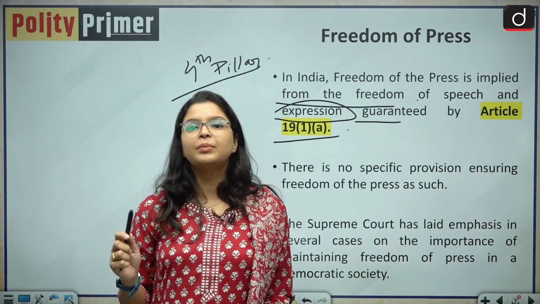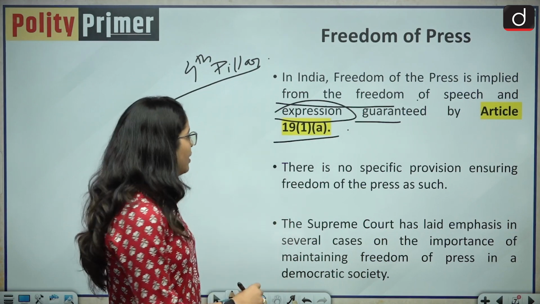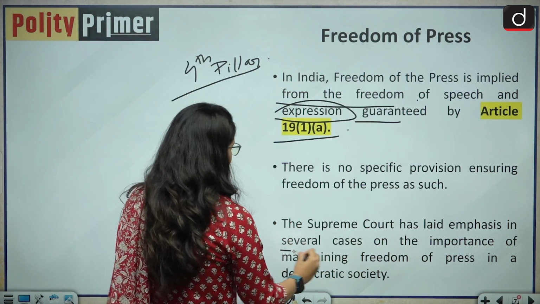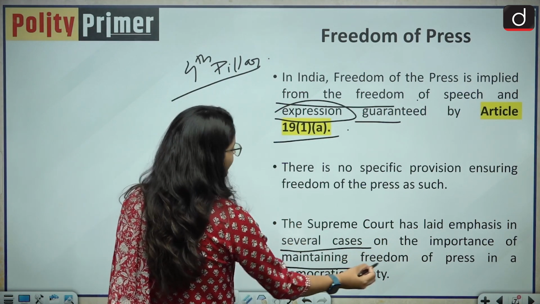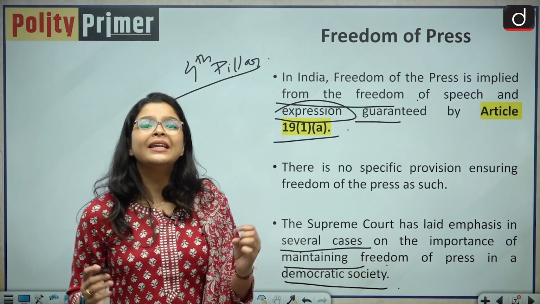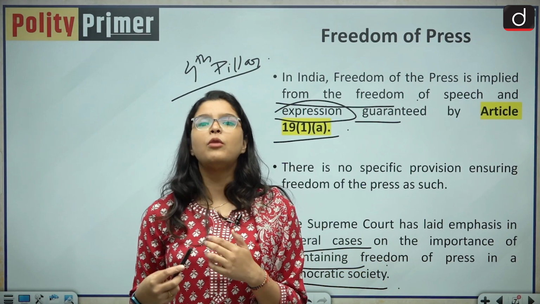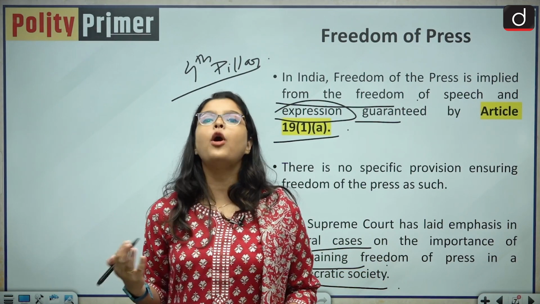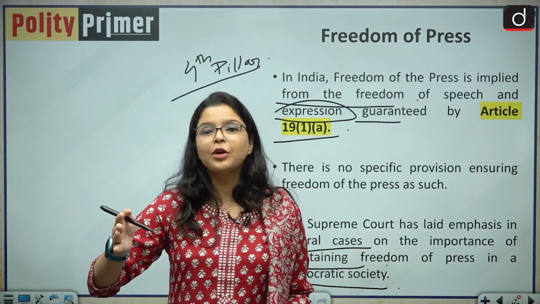And the Supreme Court has laid emphasis in several cases on the importance of maintaining freedom of press in a democratic society. So any democratic society requires freedom of press. Why? To receive correct information, to form our opinion, to express our opinion.